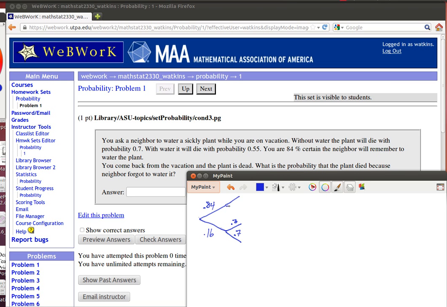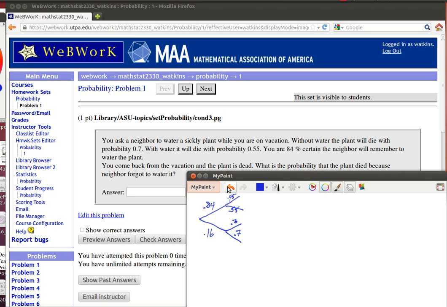Now, if the plant gets watered, what do we know? With water, the plant will die with a probability of 55%. So there's a 55% chance that the plant will die, even if it does get watered. That means that there's a 45% chance that it will live.